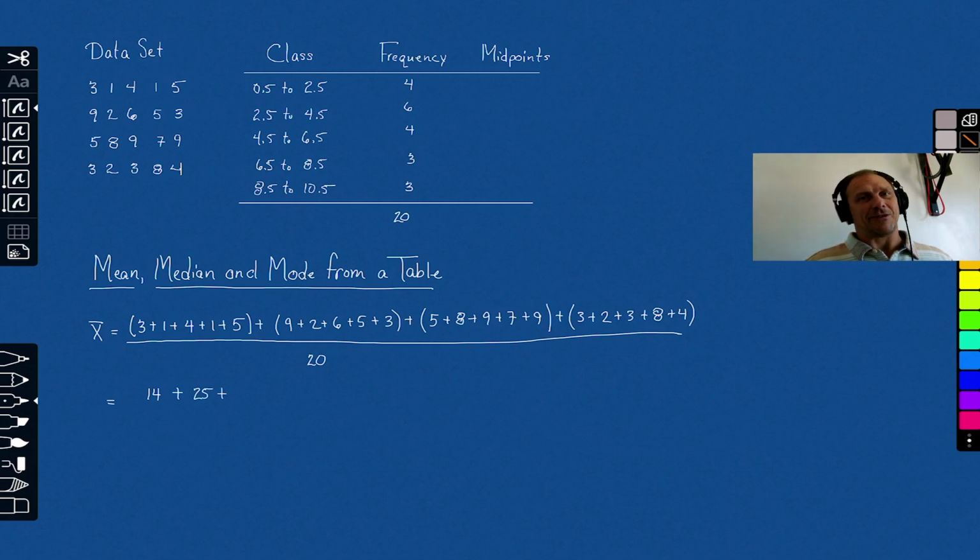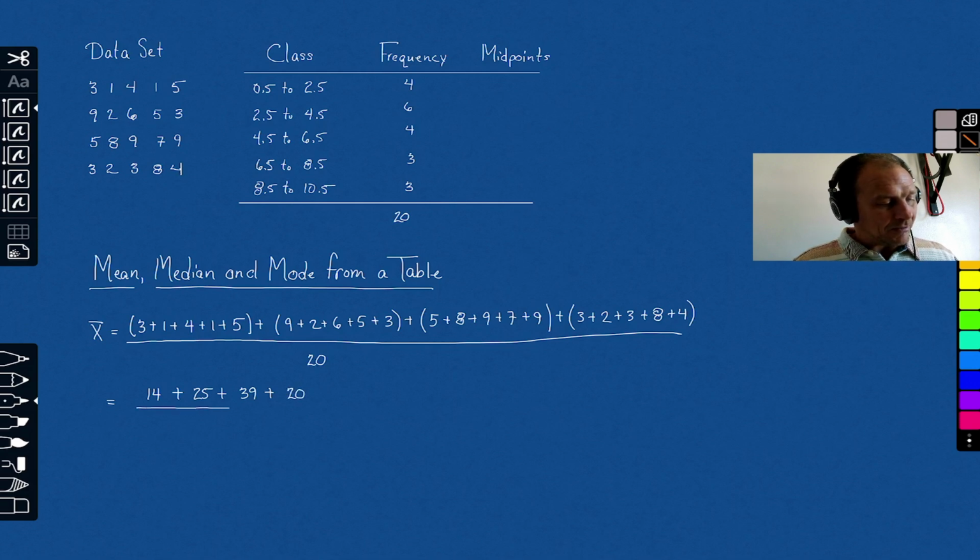Plus, and you should verify these numbers. There's a good chance I'll mess one up. Next one, 13. 13 plus 17 is 30. 30 plus 9 more is 39. Plus 3 plus 2 is 5. 3 more is 8. Another 8 is 16, and 4 for 20.